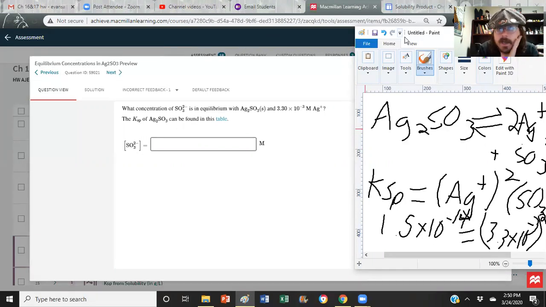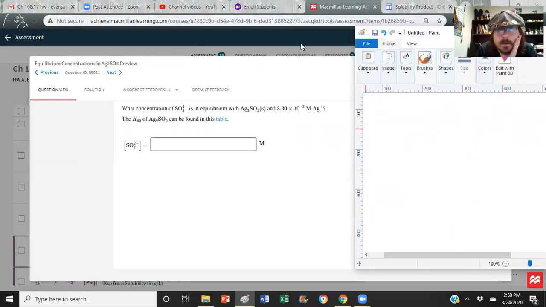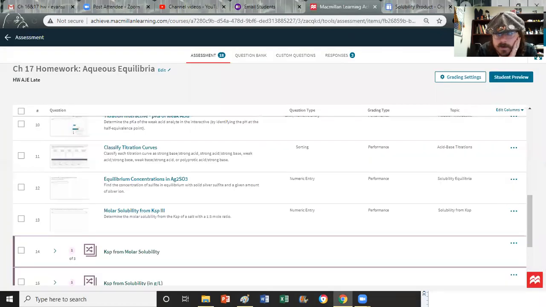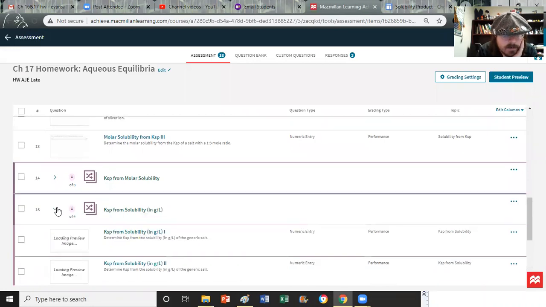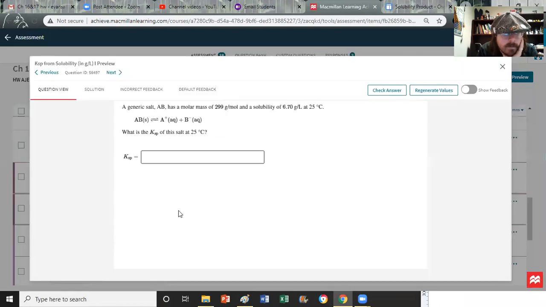The last one I've been asked to look at is number 15. Once again, we're getting way beyond what we're covering right now. So number 15, calculate solubility. Okay, what is the KSP of this?